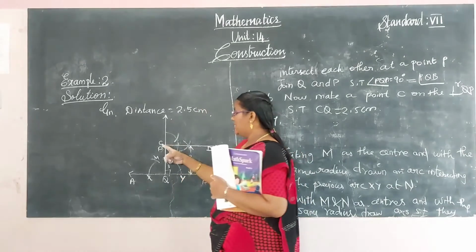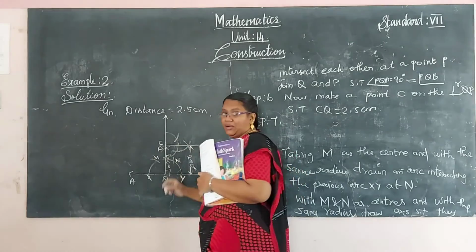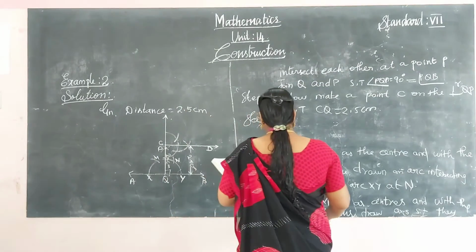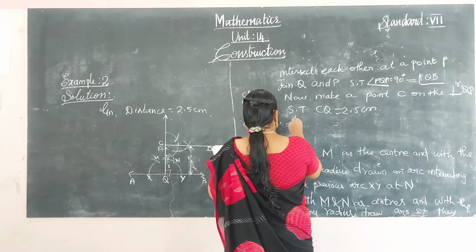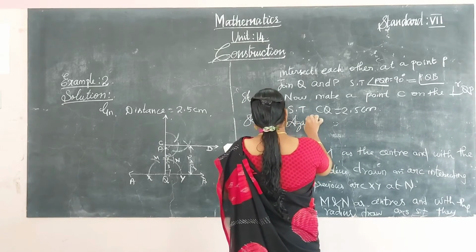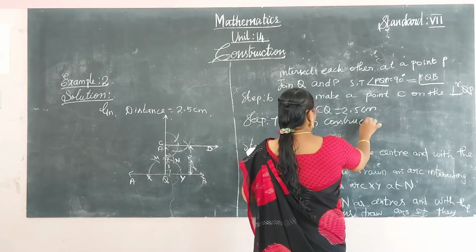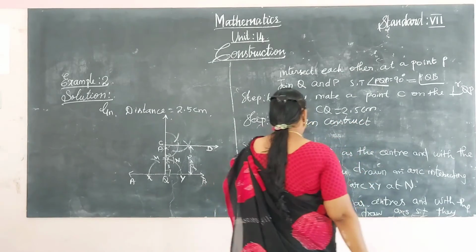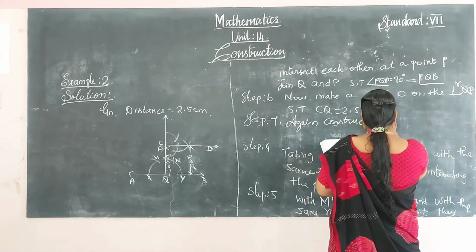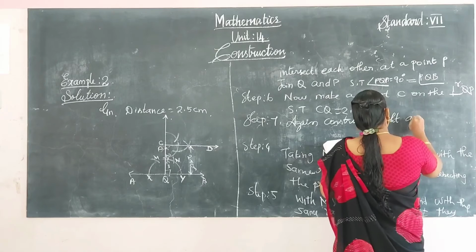Step 7. After we have considered C as a center, draw another perpendicular. Again construct a right angle.